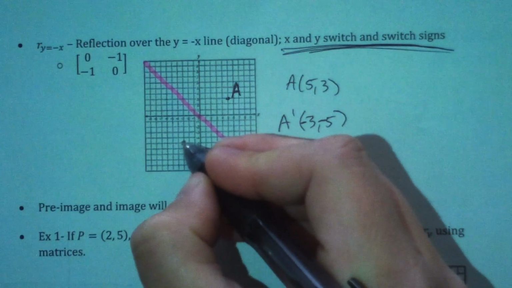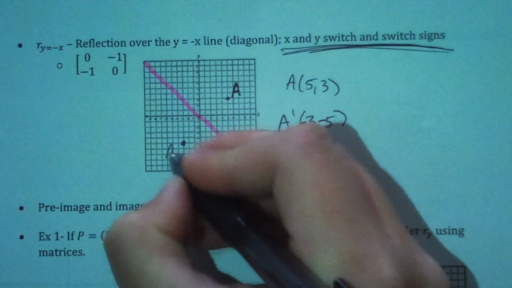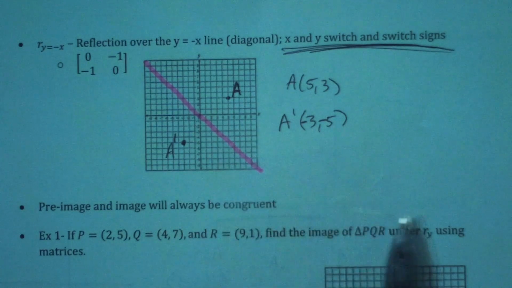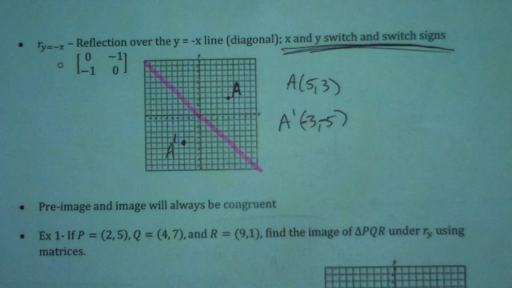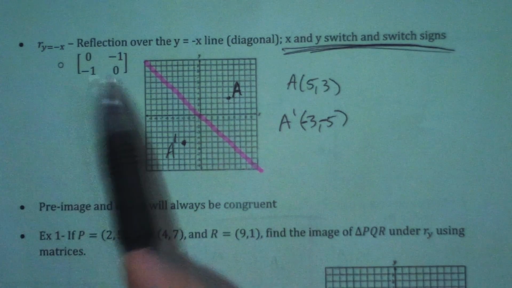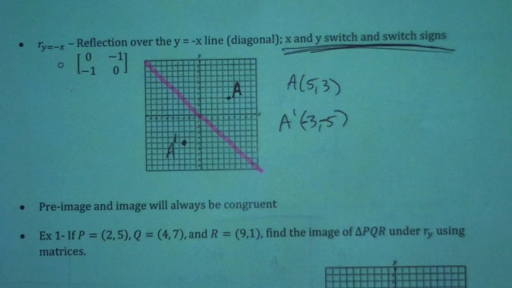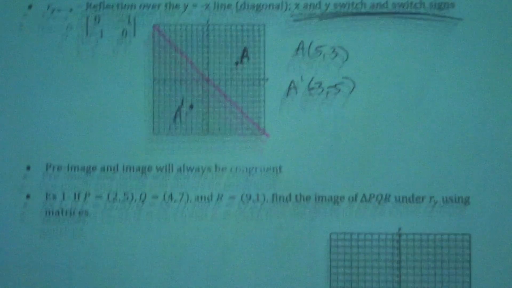So 2, 5, P, 4, 7, Q, 9, 1, R. Okay, so that's our original one.